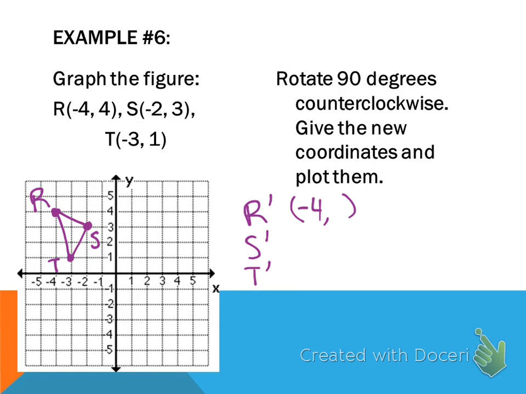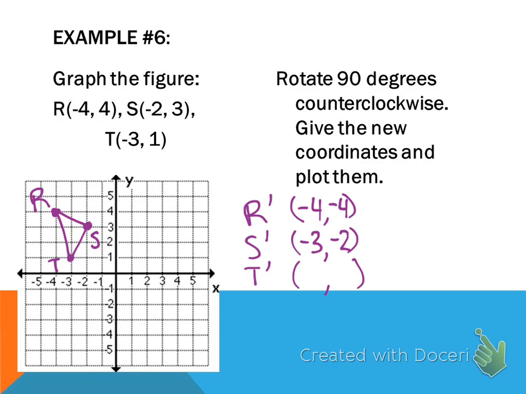The X stays the same but moves to the back. So what goes back here? Also a -4. Let's do the same thing for S. What's going to be in the front here? The Y changes signs and moves to the front. -3. The X stays the same and moves to the back.